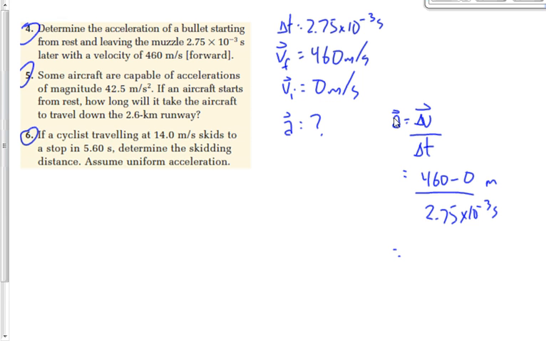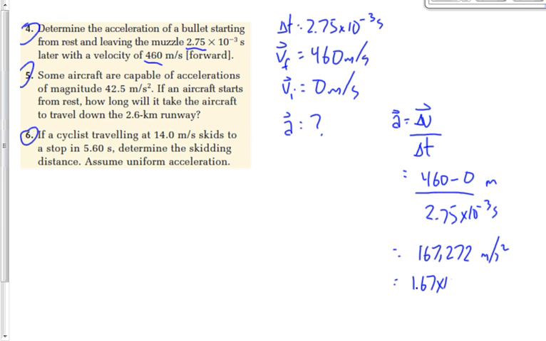Derek, do you have that? Yeah, it's going to be a big number. Anybody else get that? We're actually going to round that to 3 digits. If we go back to our data, it's 1, 2, 3, 1, 2, 3.